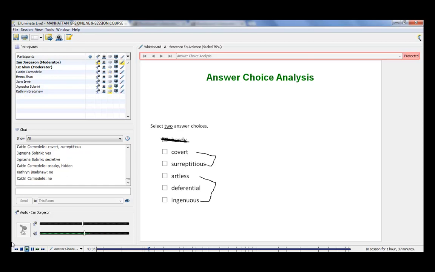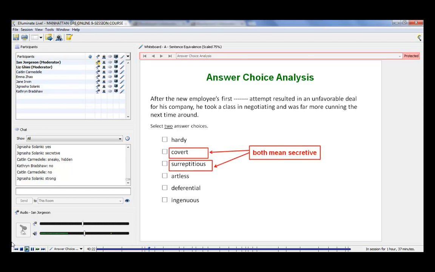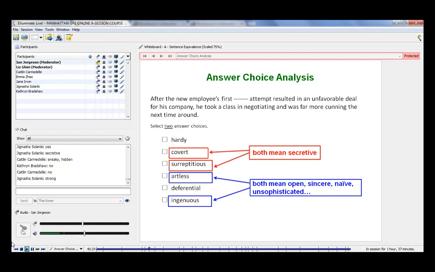And so we know they have to be wrong. Even if we don't know the meaning of the sentence, we know they have to be wrong because they don't pair up. And the correct answers have to pair up. If we're going to pick two correct answers, the two correct answers need to mean roughly the same thing. All right, so both mean secretive for covert and surreptitious. Artless and ingenuous both mean sincere, unsophisticated, naive.